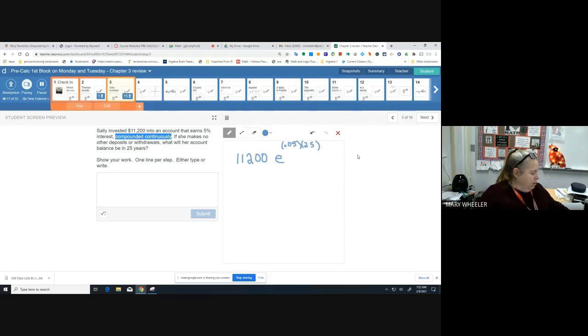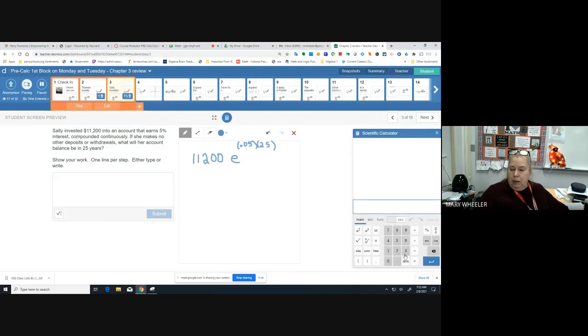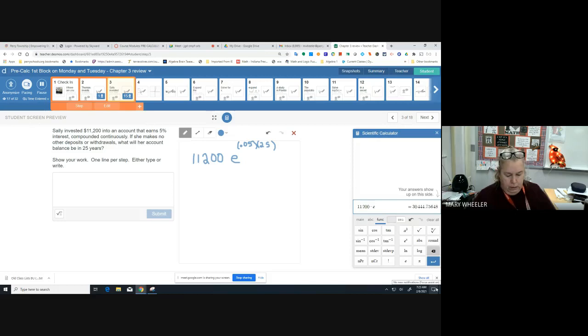The key on that one is remembering that if you see the word compounded continuously, use the equation with E. And again, I'm going to need to bring up my calculator. And that'll be 11,200 times, I hit function, I can get to the E, yep, E, and then RT, 0.05 times 25.